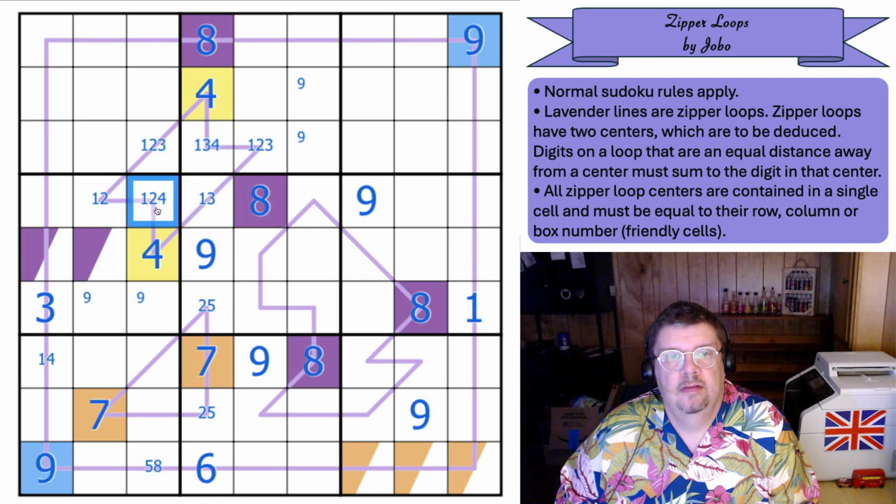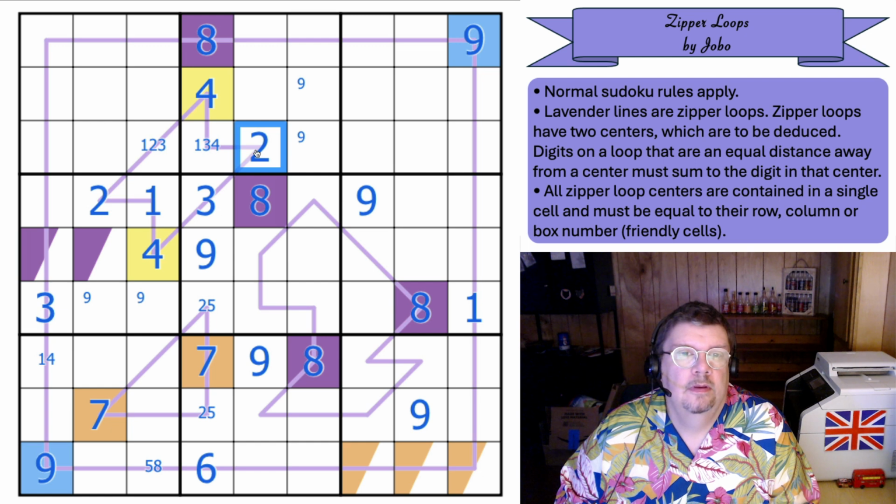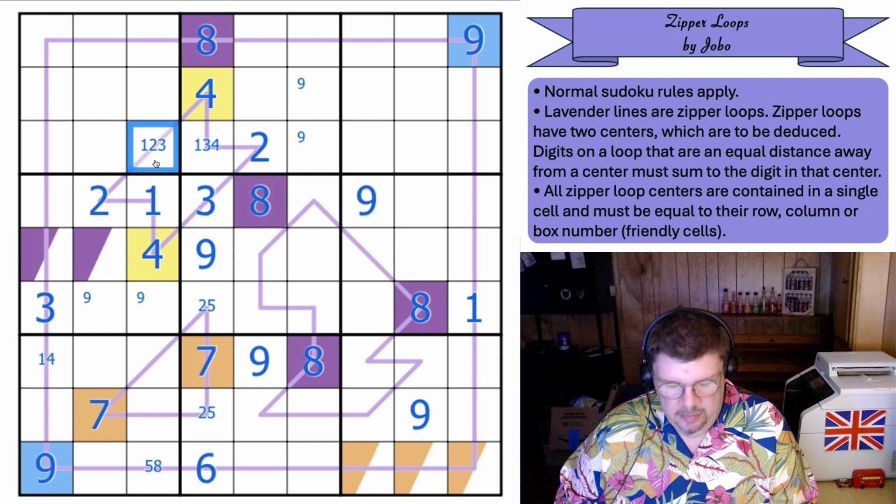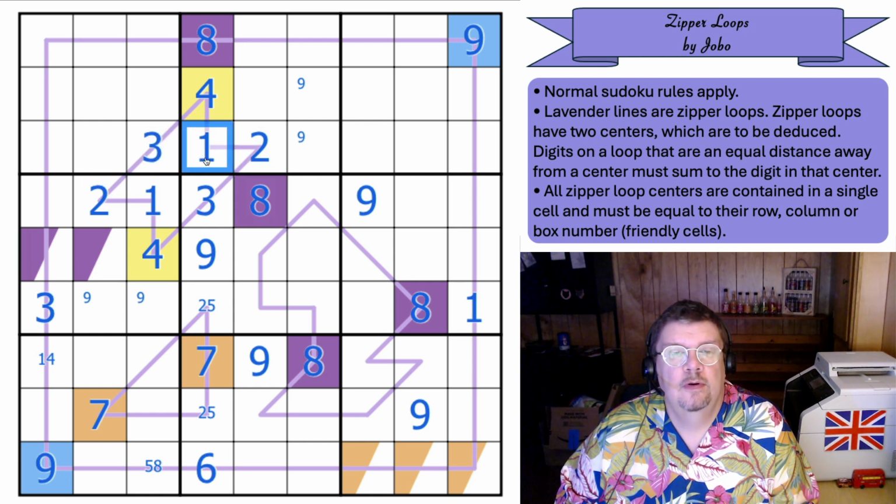That's a 1, 3. Those two are a 1, 3 pair. So that has to be 3. That has to be 1. That now has to be 2. That has to be 2 to make the 4 as these two cells. That has to be 3. That has to be 1.